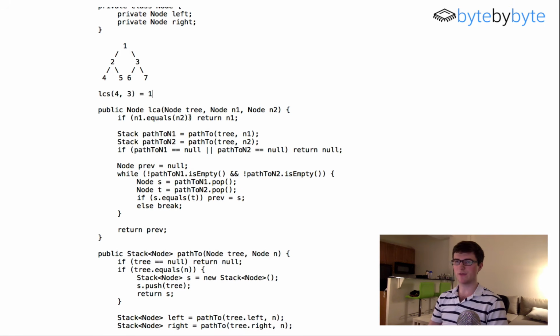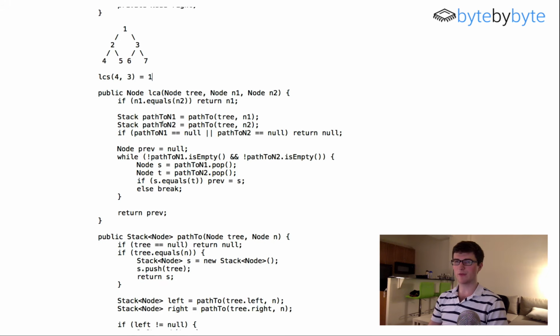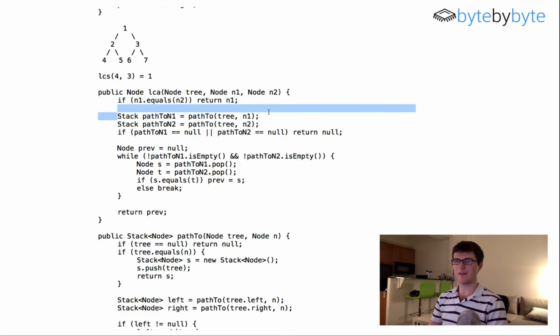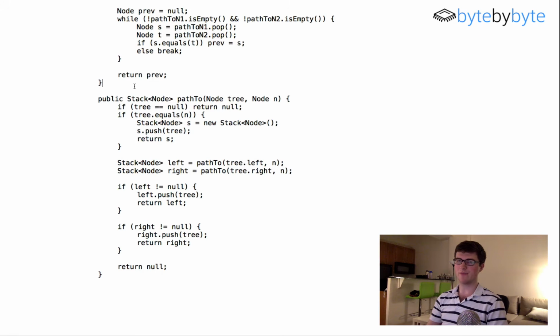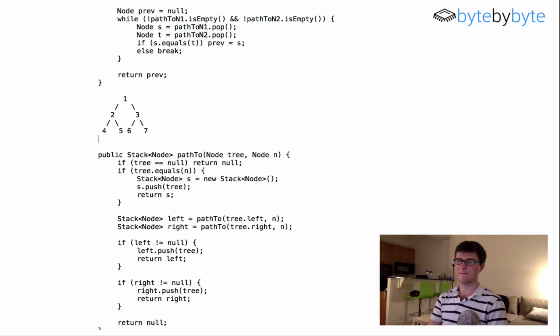So they're not equal to each other, and then we're going to get the path to 4, and the path of 3. So let's copy this down again. And we're going to first get the path of 4. So path to 1 and 4.